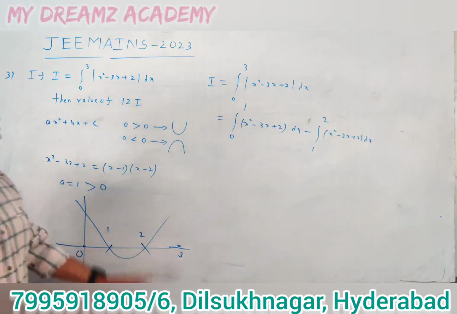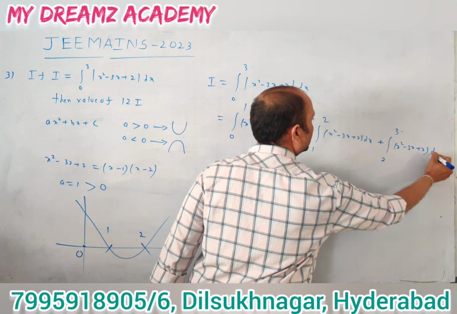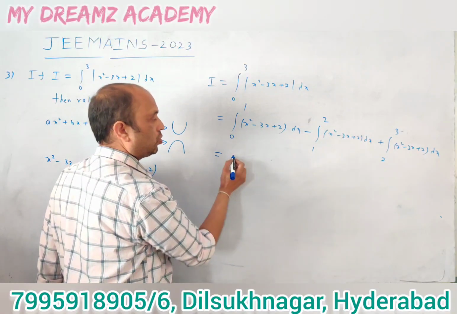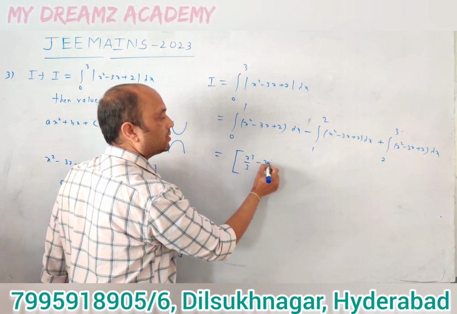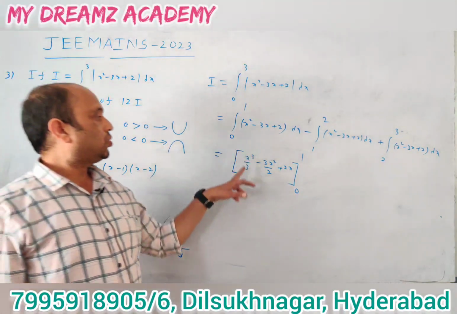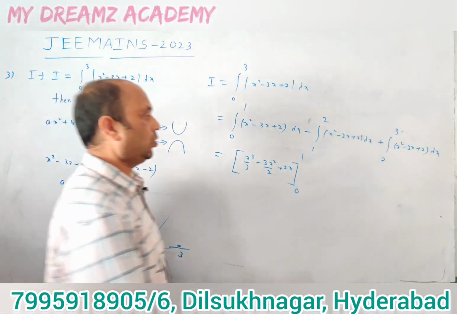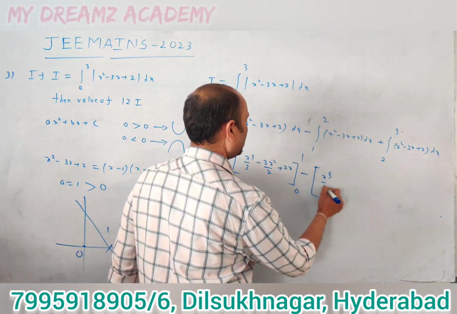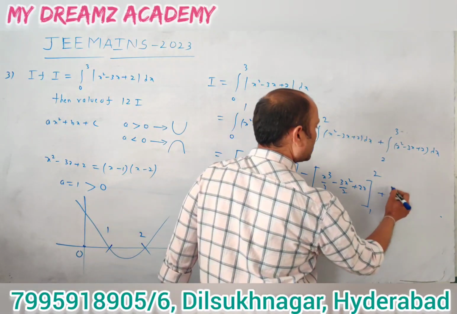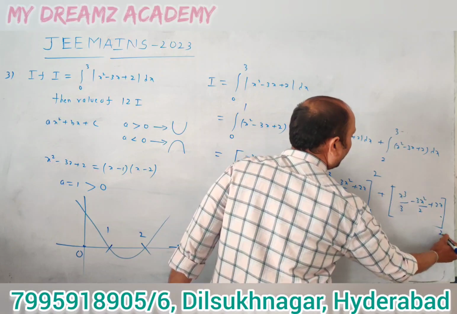Next, 2 to 3 is positive, plus integral 2 to 3 of x square minus 3x plus 2 dx. Now the integration of this whole term is x cube by 3 minus 3x square by 2 plus 2x, with limits 0 to 1, then the same expression with limits 1 to 2, and again with limits 2 to 3.